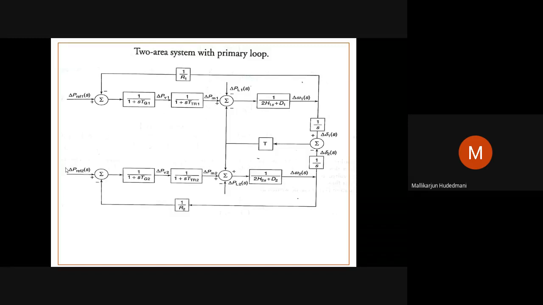I am trying to convey how this delta P reference is modified by the integral controller and feedback path, how delta P reference 1 is obtained from the integral controller and the feedback path. That makes this diagram revised as a 2 area system with complete ALFC, not just the primary. For that it requires the frequency deviation as well as the exchanged power among the corporations to be taken. That's what I am trying to convey here.